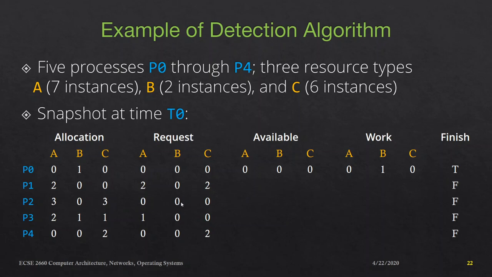It could finish. 0, 0, 0 is less than or equal to 0, 1, 0, so that's fine. So we'll work on P2. P2 will finish. It will release 3 instances of A and 3 instances of C, which will update work to 3, 1, 3. And because P2 finished, we are going to make that true.